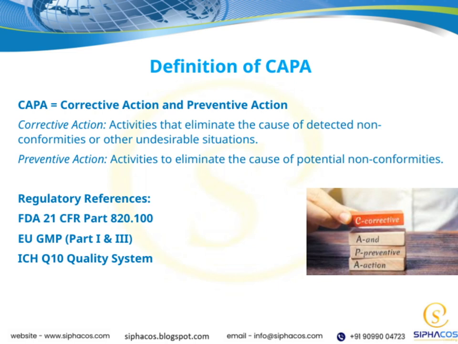Additionally, ICH Q10 provides a comprehensive framework for establishing a robust quality system that includes CAPA as a core component. Overall, CAPA is about continuously improving our processes by addressing issues both when they happen and before they happen. It's a key driver in maintaining product quality and ensuring patient safety throughout our operations.